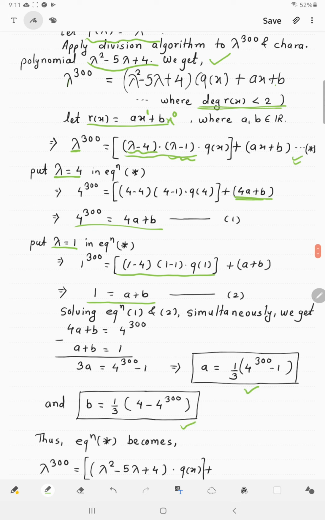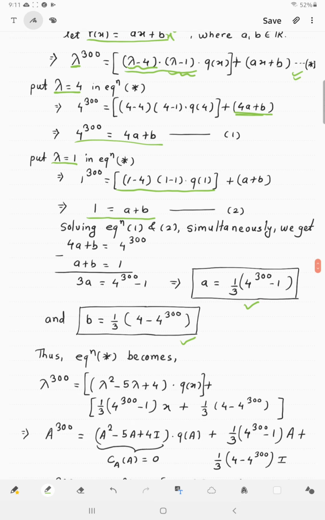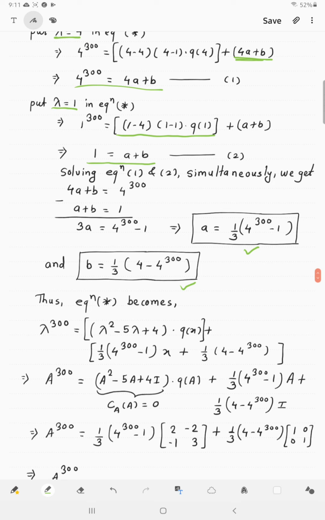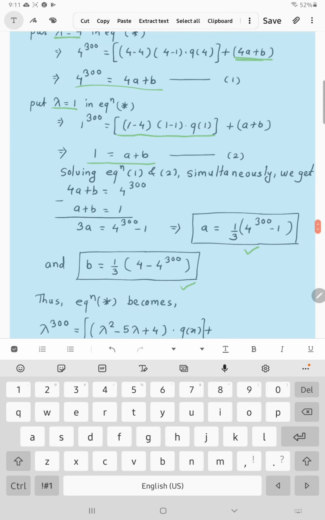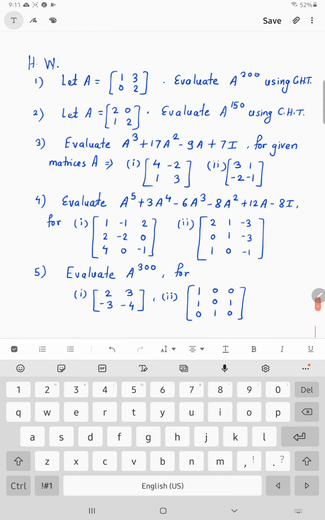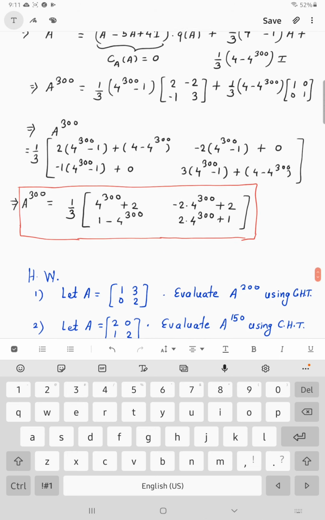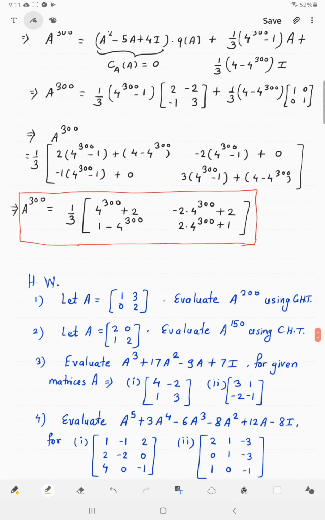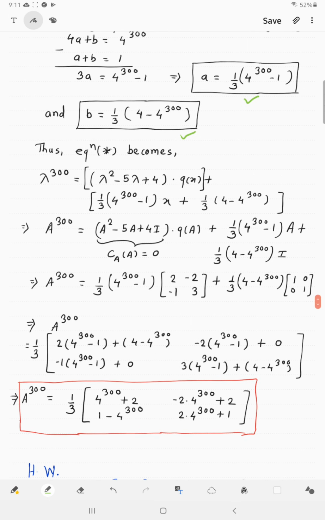So again I will write equation star as it is.